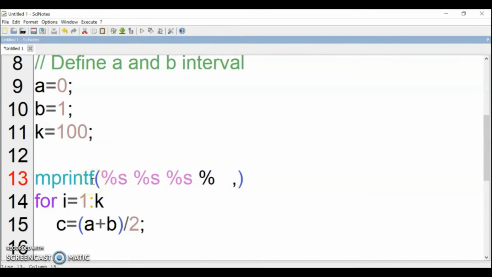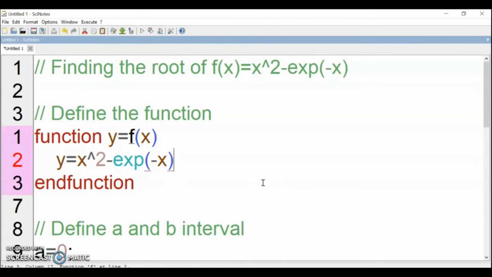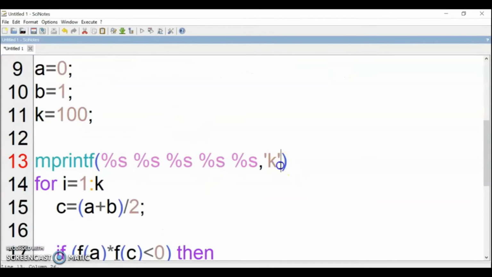So let's have 4 here. Maybe I need more. I don't know. I'm just gonna write it down. How many do I need? Okay, so the first percentage here stands for my k, my iteration. And then the second one stands for my a interval.